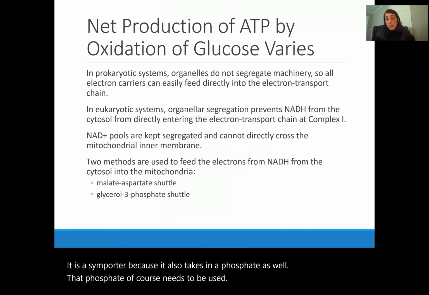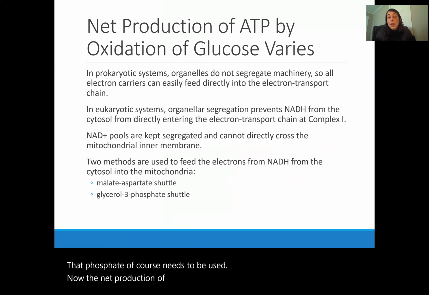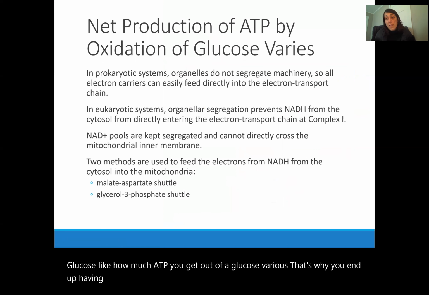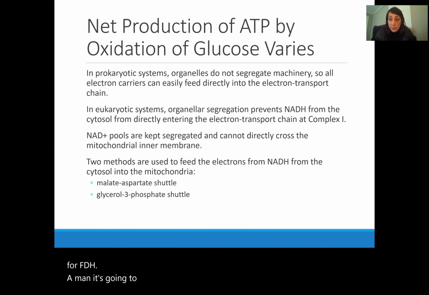Now, the net production of ATP by glucose, like how much ATP you get out of a glucose, varies. That's why you end up having these numbers that are something like 2.5 ATP per NADH and 1.5 for FADH. And it's going to vary also based on the organism that you're looking at.